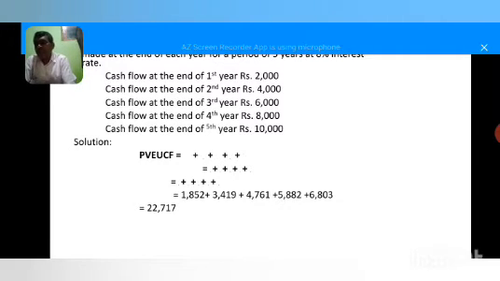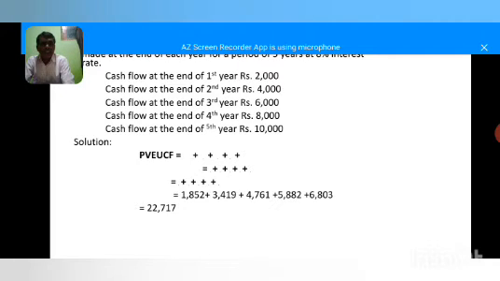Second year rupees 4000. Third year 6000. Fourth year rupees 8000. Fifth year rupees 10,000.